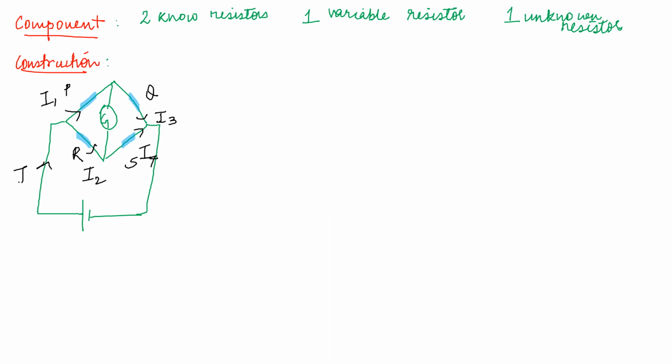From here the current is I going, I coming. And in this direction the current flowing is Ig. Hope you have got the diagram. In this case we can say that P, R are known, Q is variable and S is the unknown resistor.